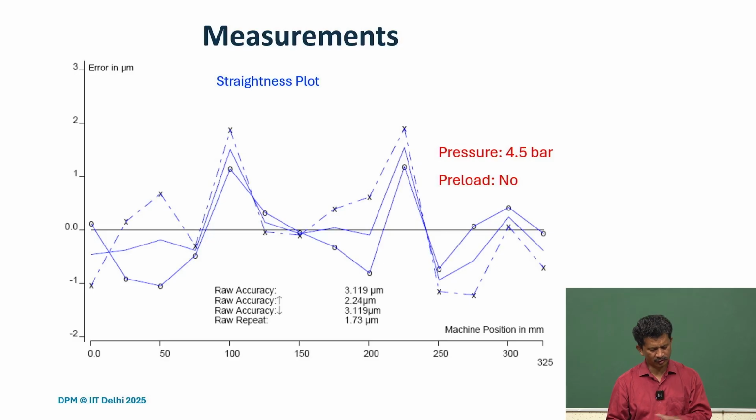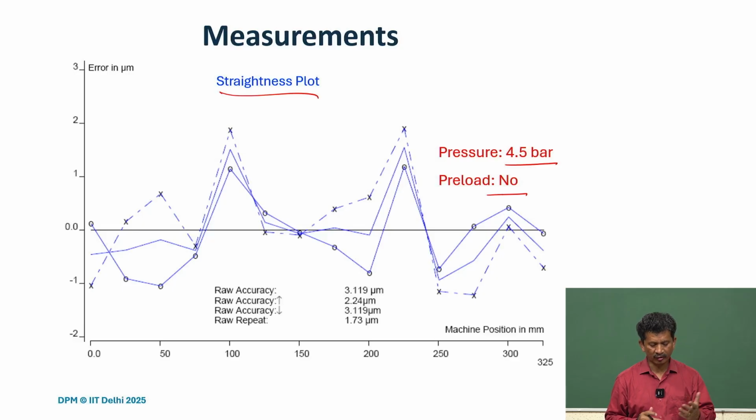We also did measurements, and the stress plot we did, applying different pressures. We wanted to study that as well, and also talk about the loading. Mind the preloading: here there was no preloading from the bottom end with the screw, but of course there was a preloading because of its own weight.